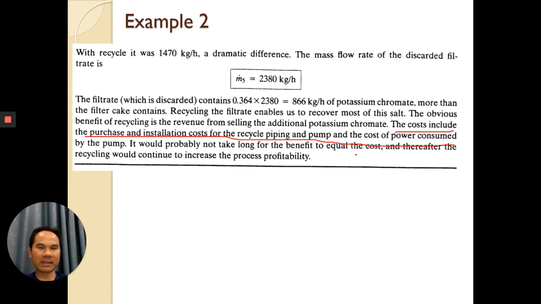If you get a higher product and then you sell the product, you compare with the cost. If you increase the recycle, then you check the income, something like the profitability. I cannot confirm that. We have to check the cost before I make a decision.